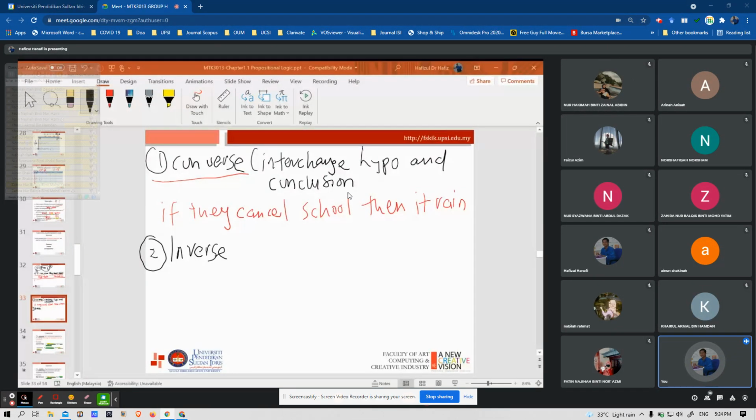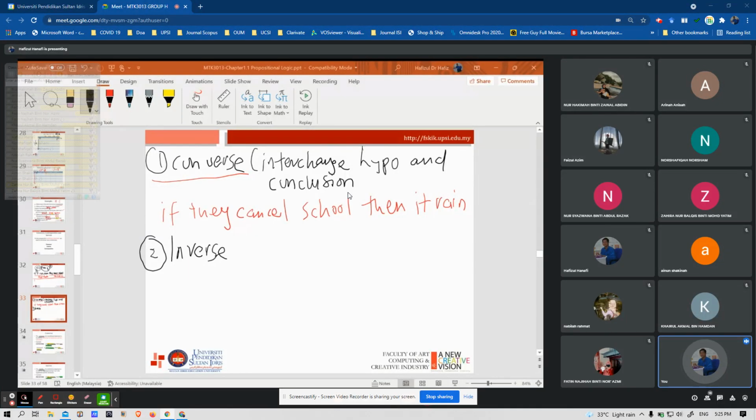Okay, for the inverse conditional statement, take the negation of both the hypothesis and the conclusion. You need to do some operation here. You need to take the negation. So for the inverse: if it does not rain, then they do not cancel the school. Okay, that one is for the inverse.